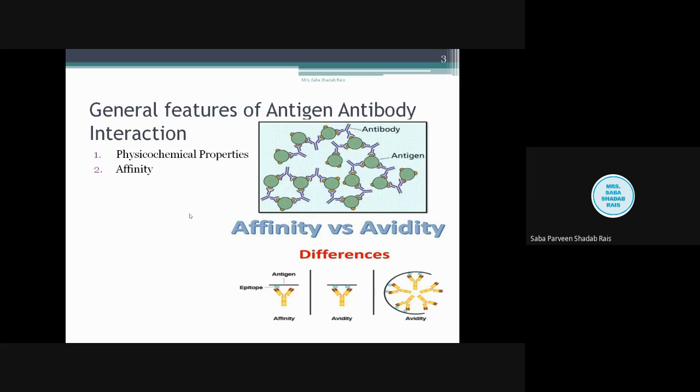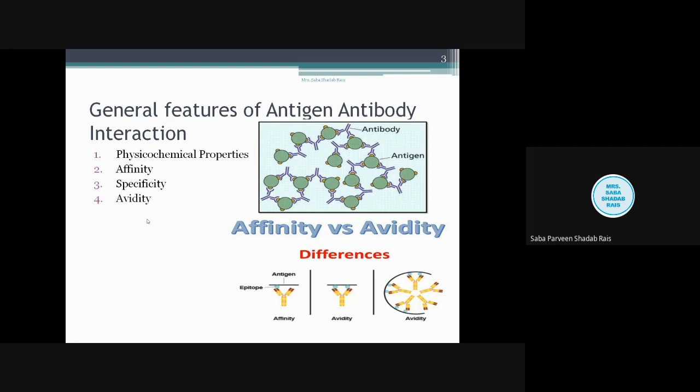So they may bind to the antibody but not that firmly. But the antibody which is designed for the specific antigen has the perfect paratope and epitope binding, and at that time they will have high affinity.